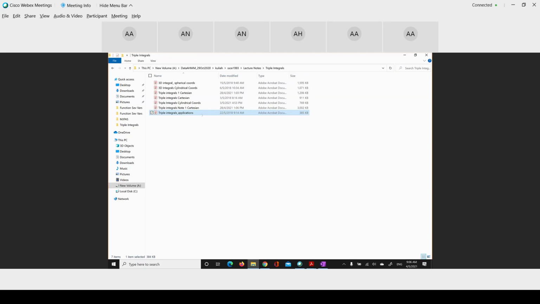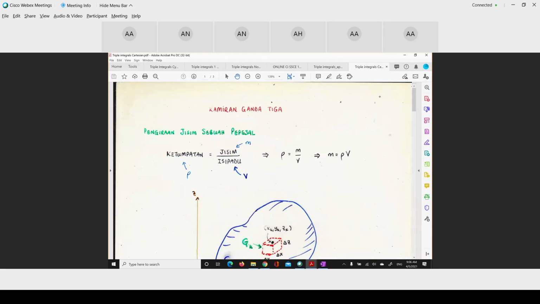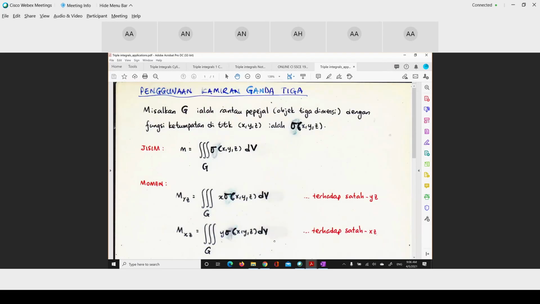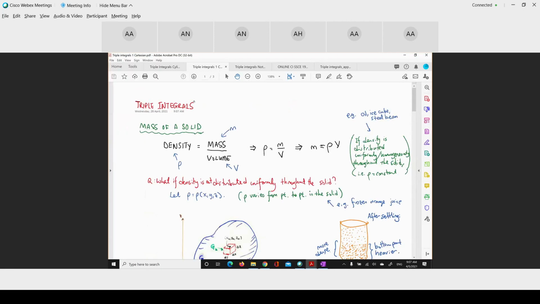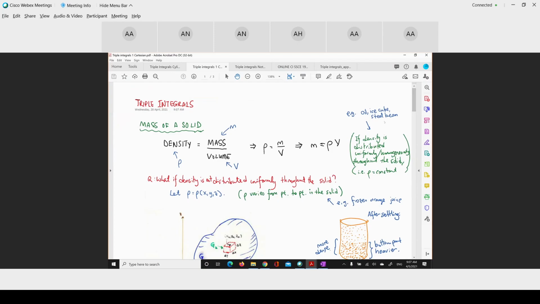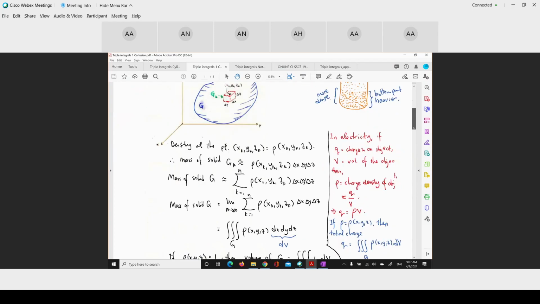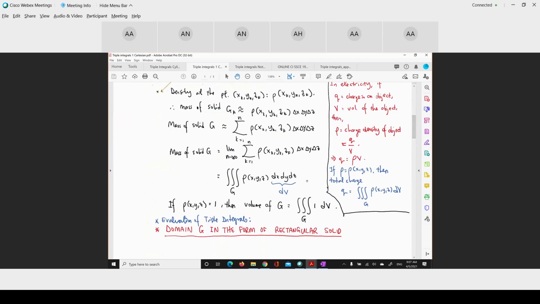Remember how I introduced to you the triple integrals? Yeah, through this problem. Now I remember. I introduced to you this problem of triple integrals for finding mass. Yeah, the mass is given by this triple integral formula here.